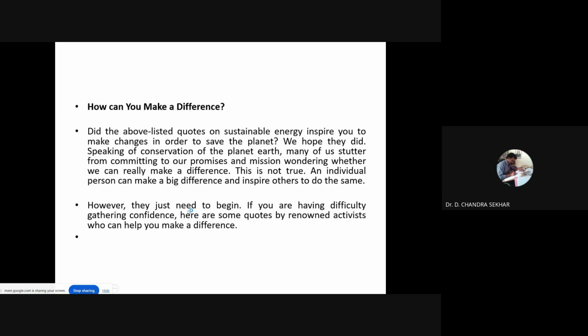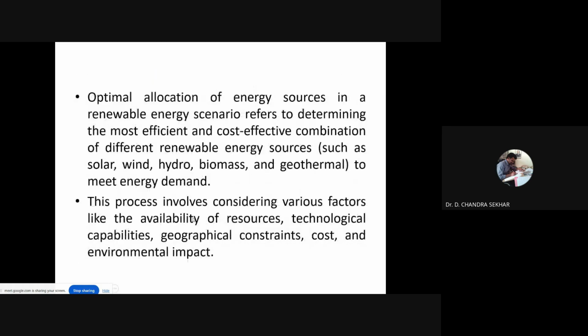If you are having difficulty gathering confidence, here the optimal allocation means we need to choose the best method, or the best one for allocation of energy sources.